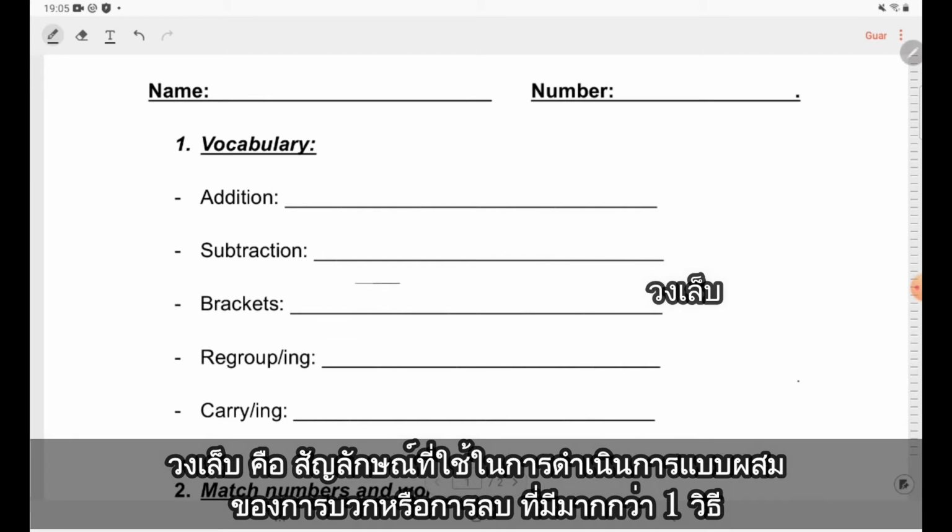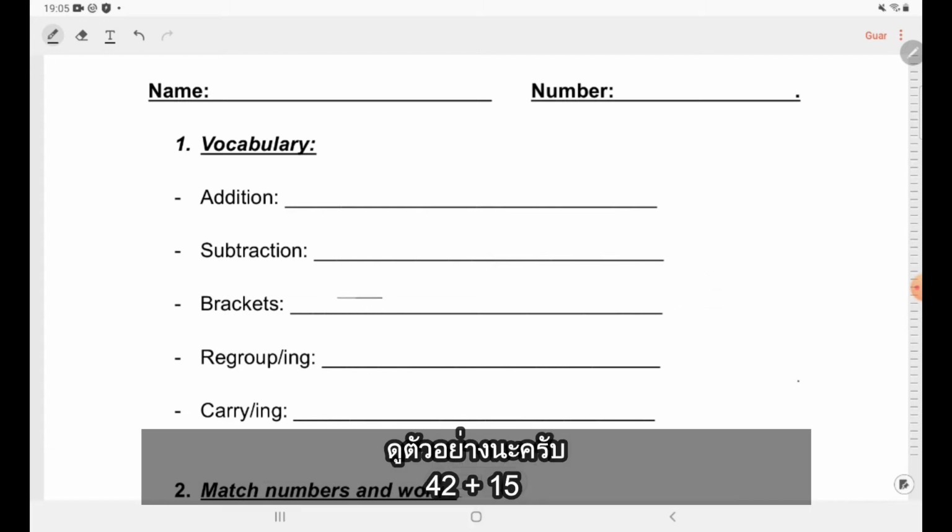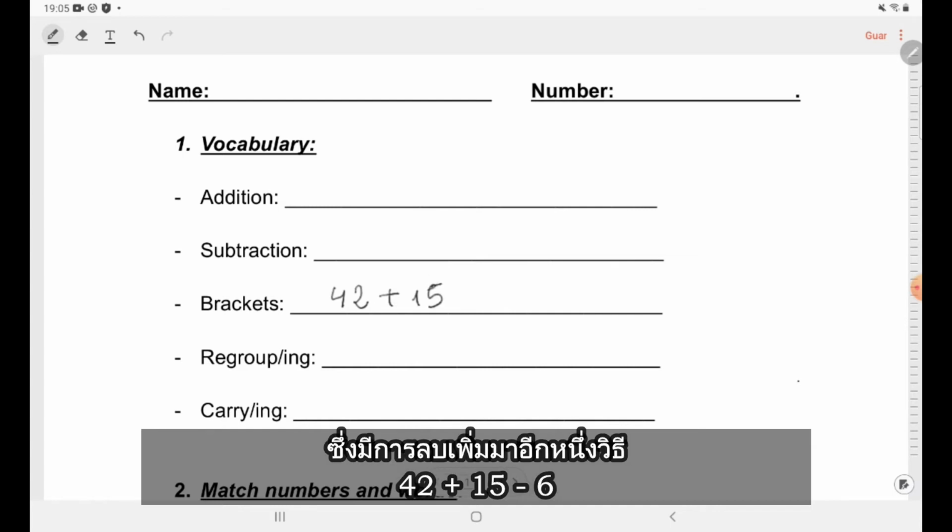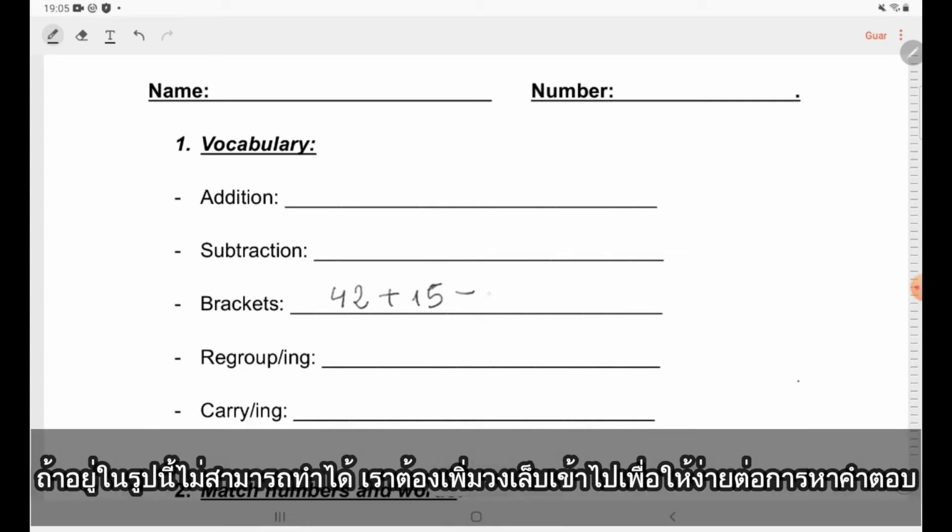For example, if we write an addition like this horizontally, 42 plus 15, and now we have one more subtraction, we cannot write it like this because it is difficult to do. It is really confusing. So we use brackets.